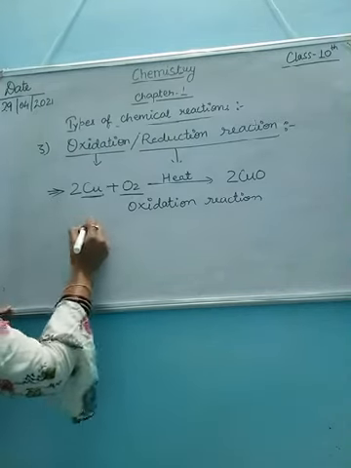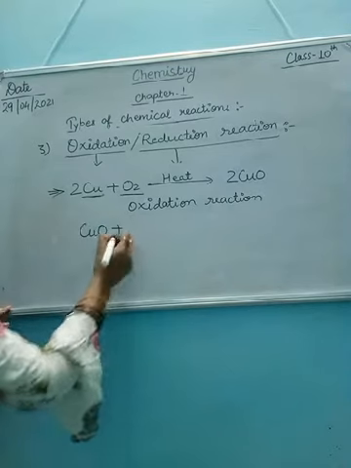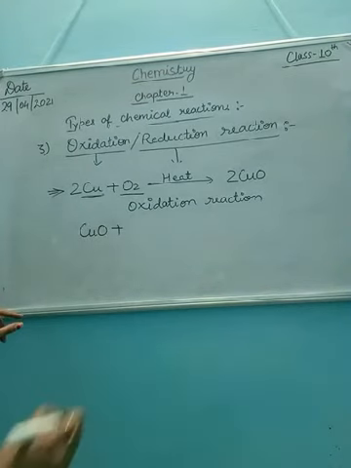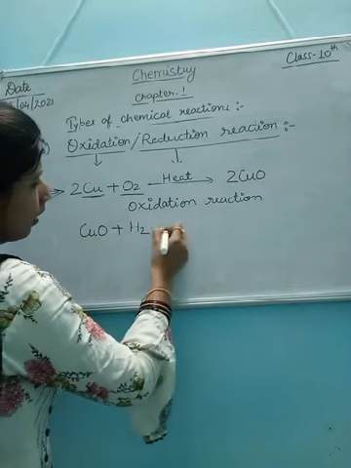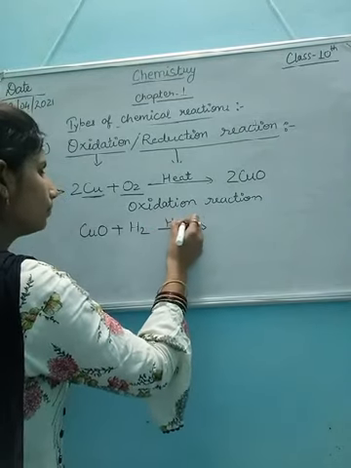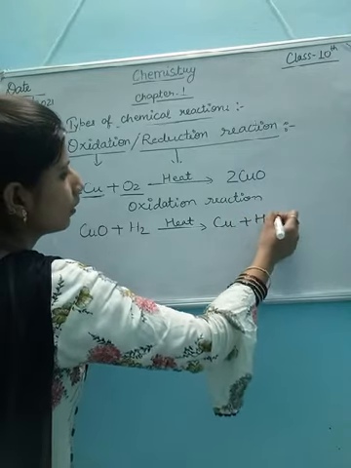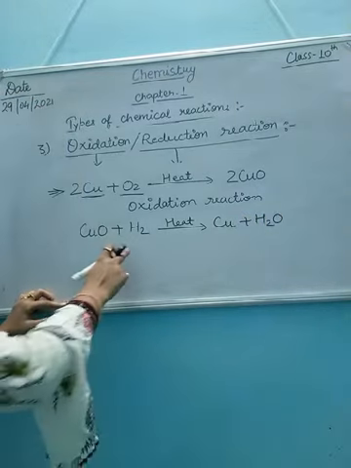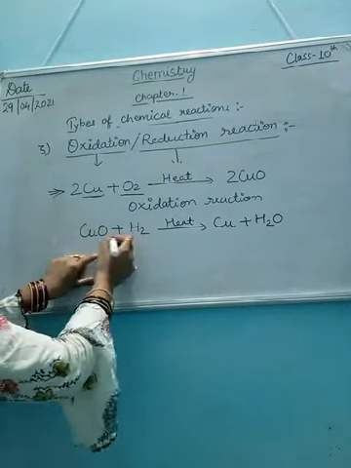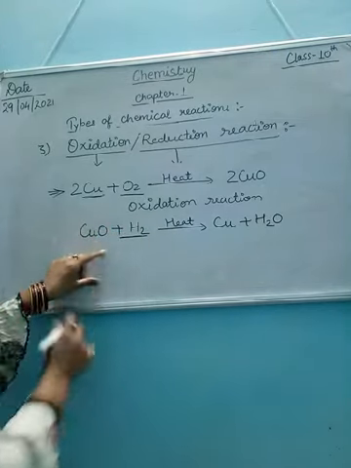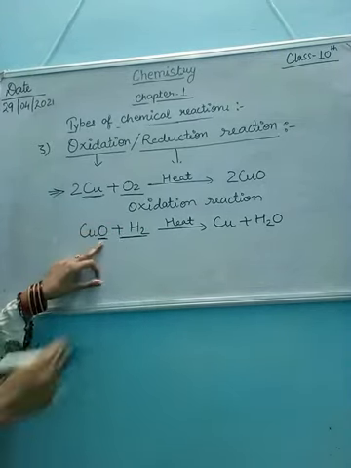Copper oxide, CuO, reacts with hydrogen in presence of heat. It will become copper plus water. Now in this reaction, it gains hydrogen or loses oxygen.